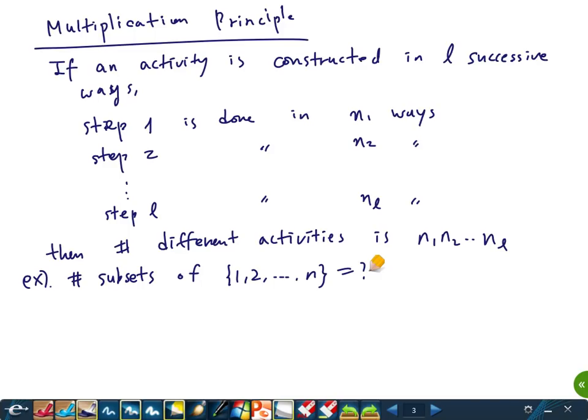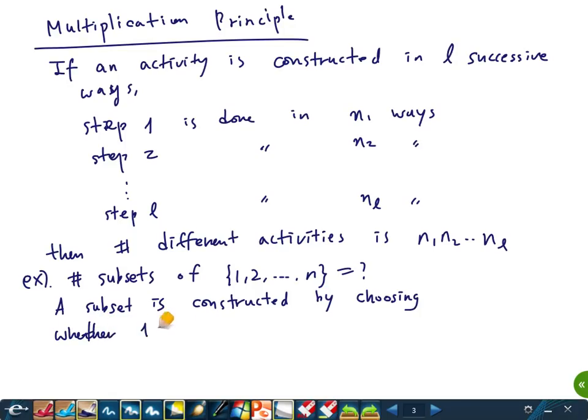So we can construct a subset by deciding whether 1 is in the set or not, and 2 is in the set or not, etc. So a subset of 1 up to n is constructed by choosing whether 1 is in the subset or not.